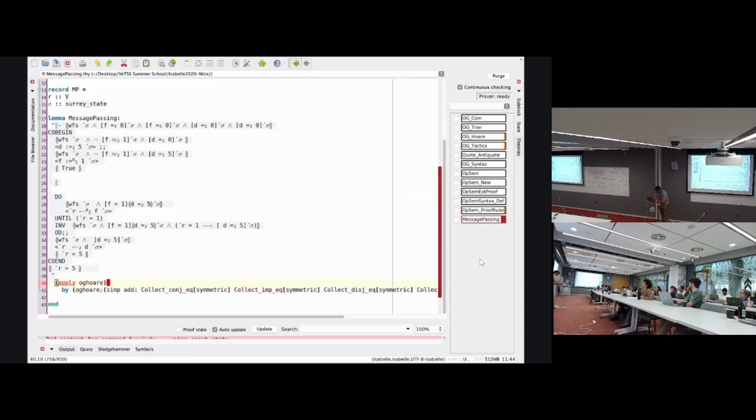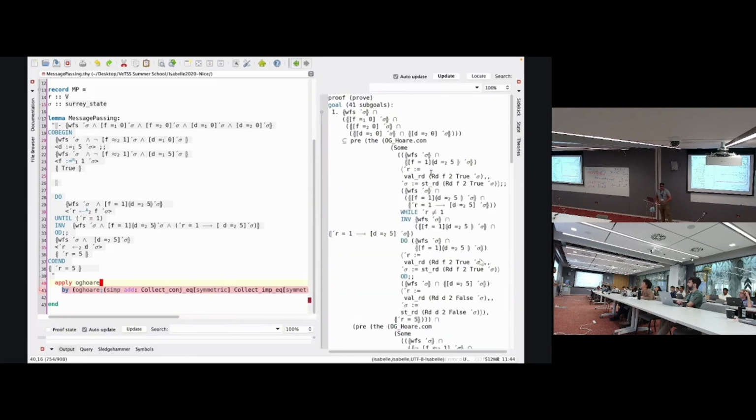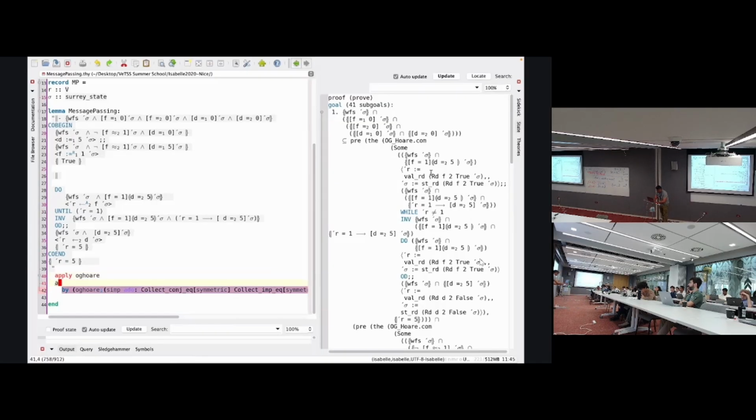The parentheses after the apply. I forgot my Isabelle. Okay, there we go. So that breaks it up into the OG. When you apply the OG Hoare tactic, it breaks it up into all of the little components that we have to prove.